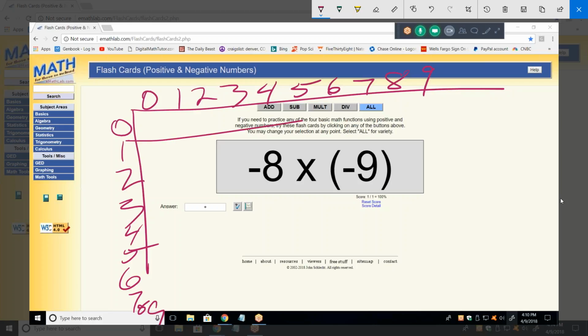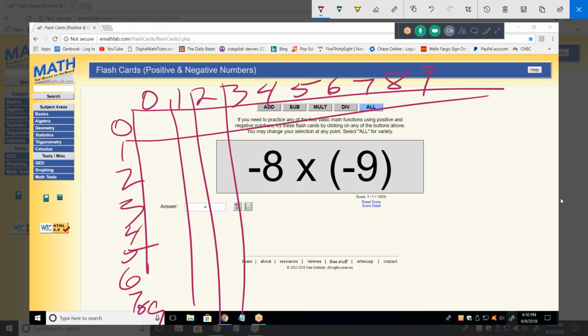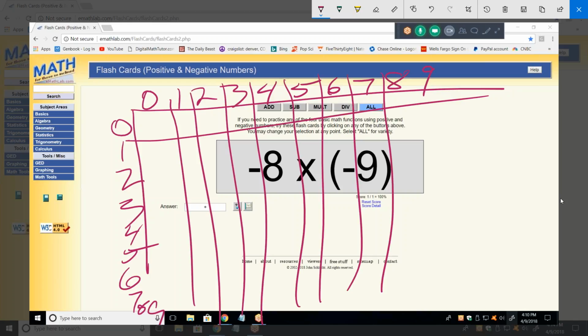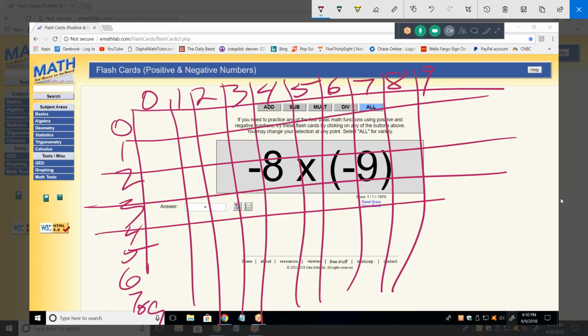And then you have a cell for each answer, right? Well, there's 100 cells here, 10 by 10.